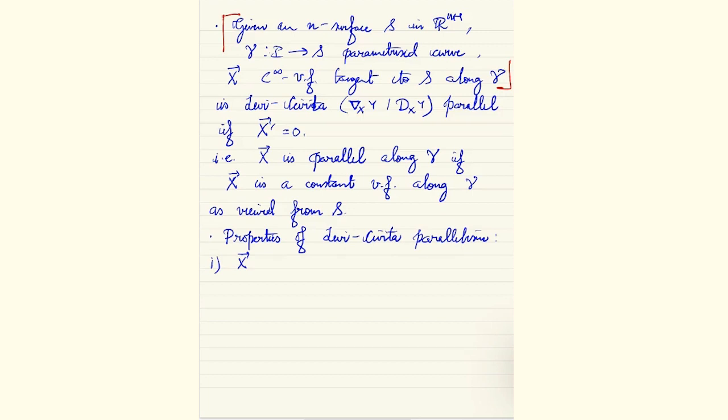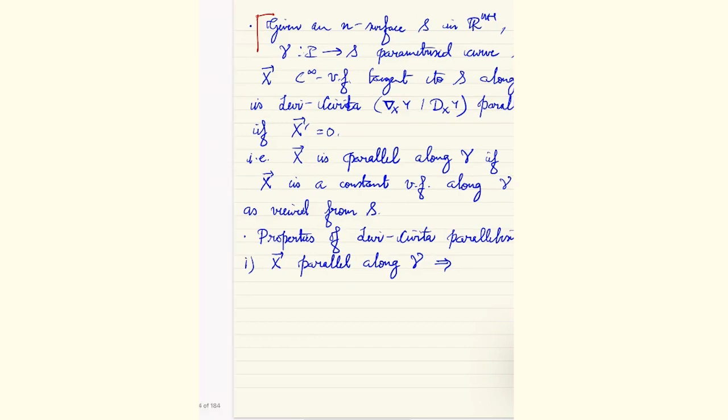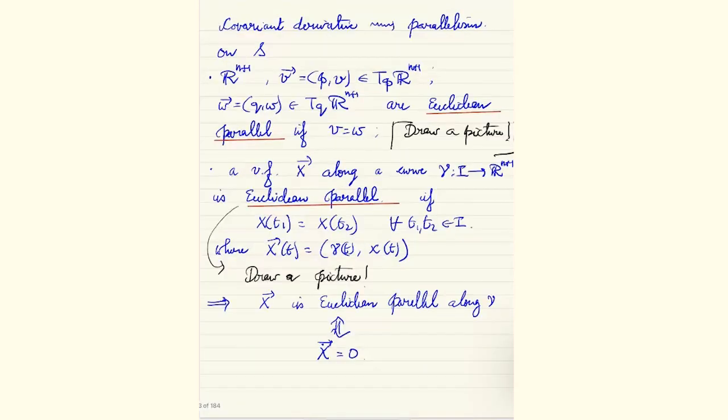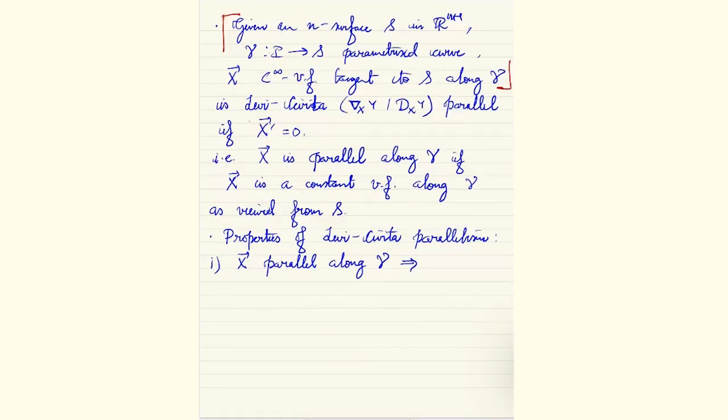If this is parallel along gamma, meaning the covariant derivative is 0, this implies that the vector field has constant length.